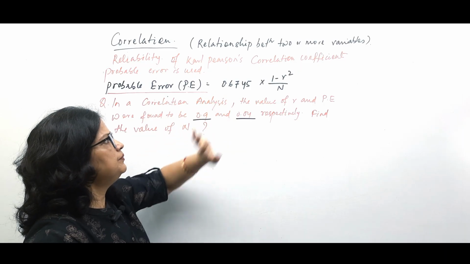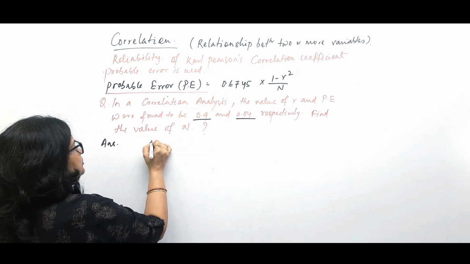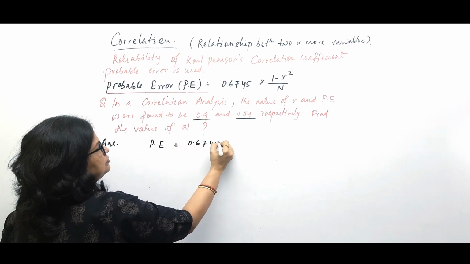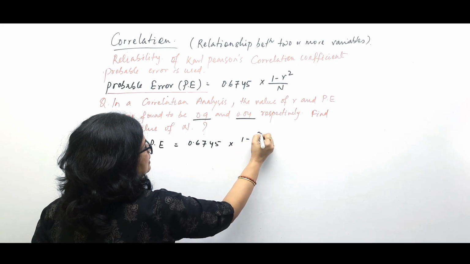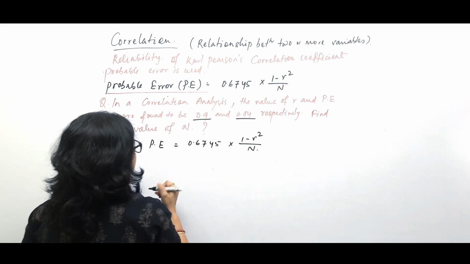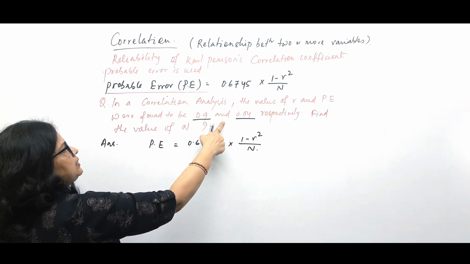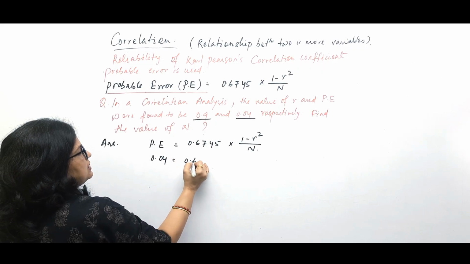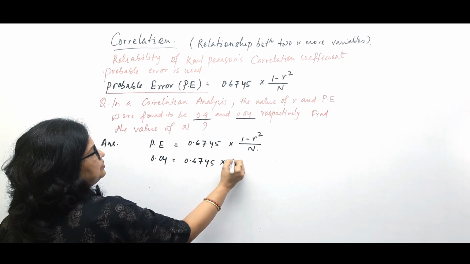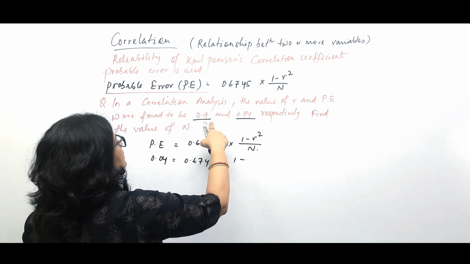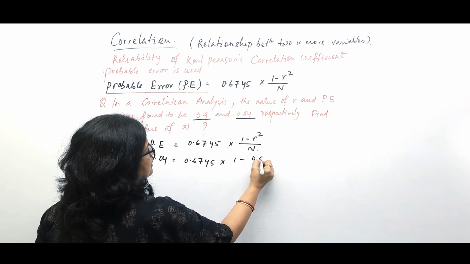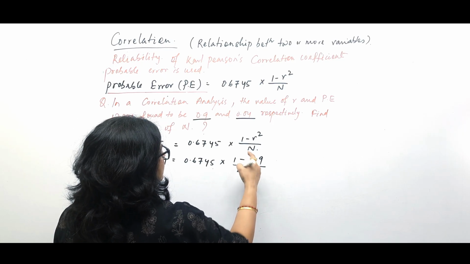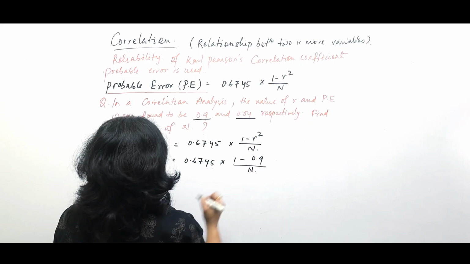So put this formula. We know probable error equals 0.6745 into (1 minus r square) divided by n. The probable error is given here as 0.04, equal to 0.6745 into 1 minus r square, where r is given as 0.9, a very strong correlation, divided by n. n we need to find.